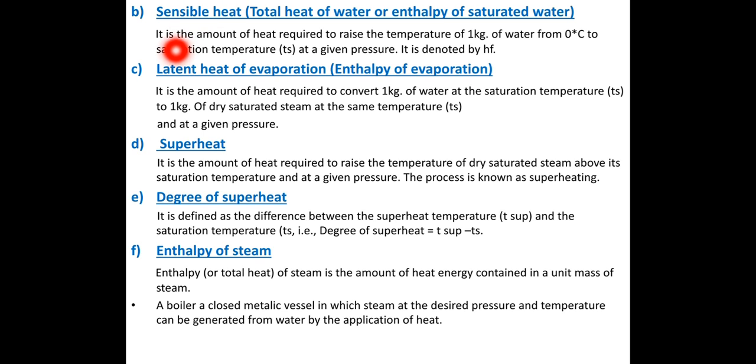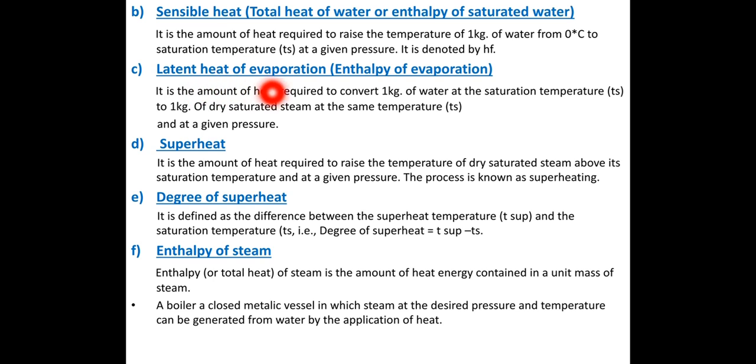Sensible heat is the amount of heat required to raise the temperature of 1 kg of water from 0 degrees Celsius to saturation temperature. Refer to the graph, from point A to point B. When we go from point A to point B, the heat content added is known as sensible heat.